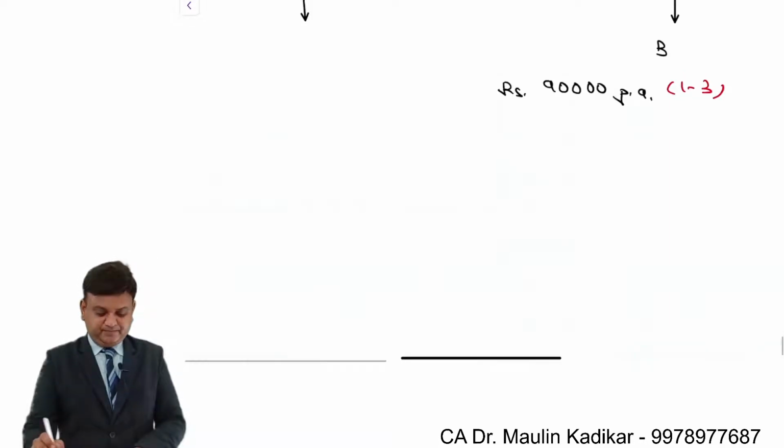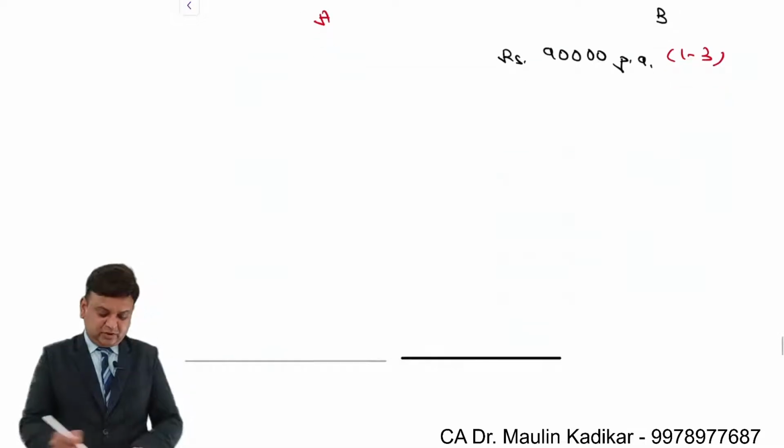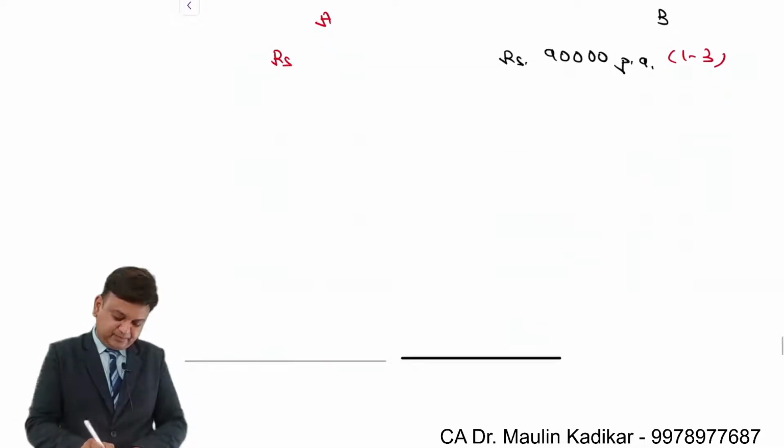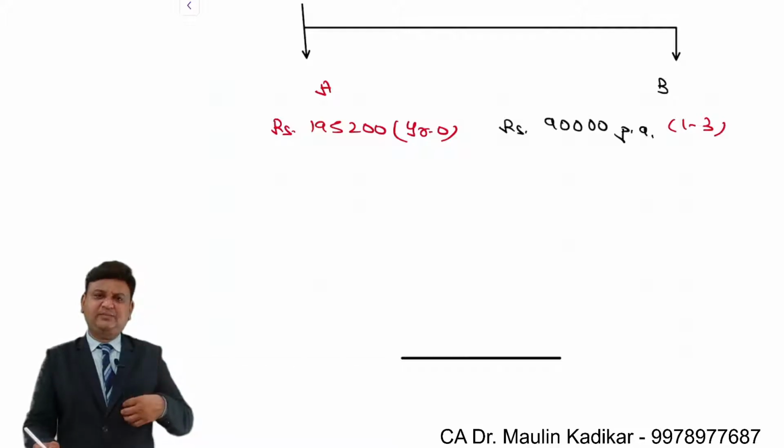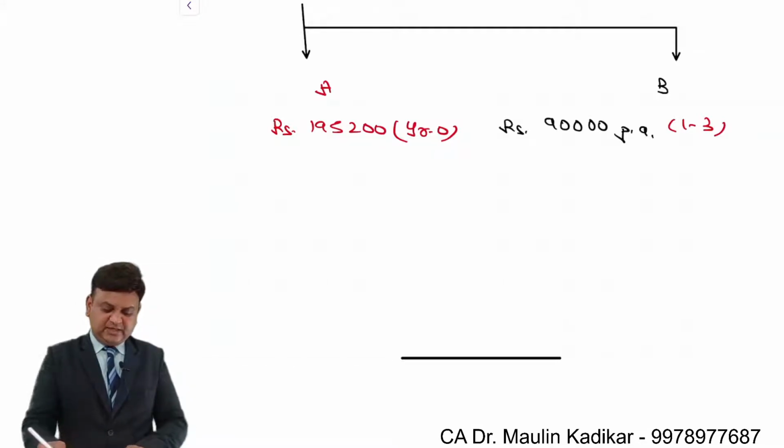Simple. In option A, we are required to make the payment of rupees 1,95,200, that is to be paid in the year 0. In order to make both options comparable, can I do working like this?